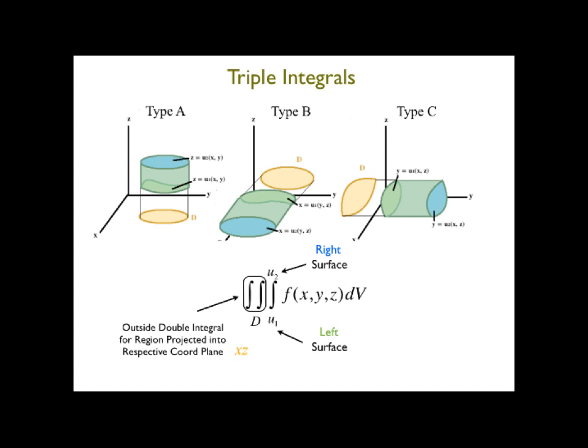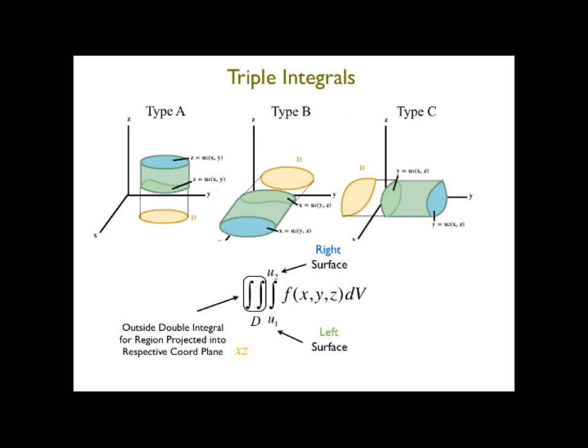Okay, so then type C, what is it? Left surface to right surface. Take the solid, project it to the xz plane, and that's your double integral. It will either be type 1 or type 2 in the xz plane.